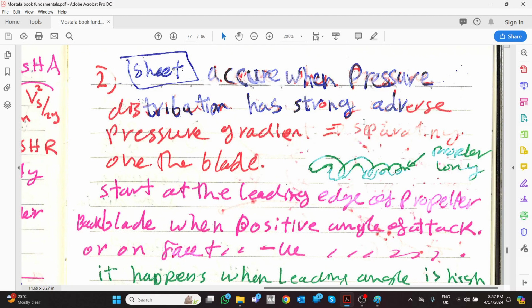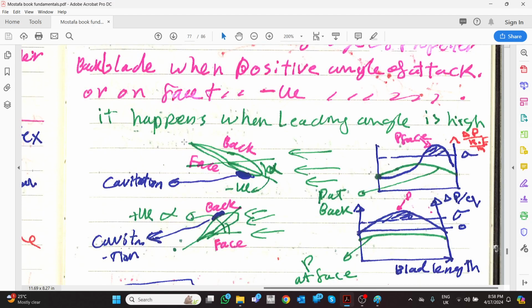Or if you have a plate itself and the flow is hitting the plate, let's say it is rotating or moving, but you have a positive angle of attack. Like this is positive, and the opposite, like this, is a negative angle of attack, which means alpha is negative, and this alpha is positive.